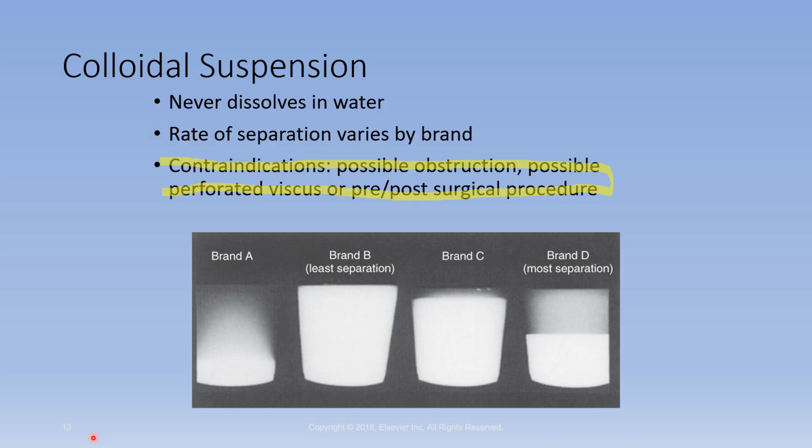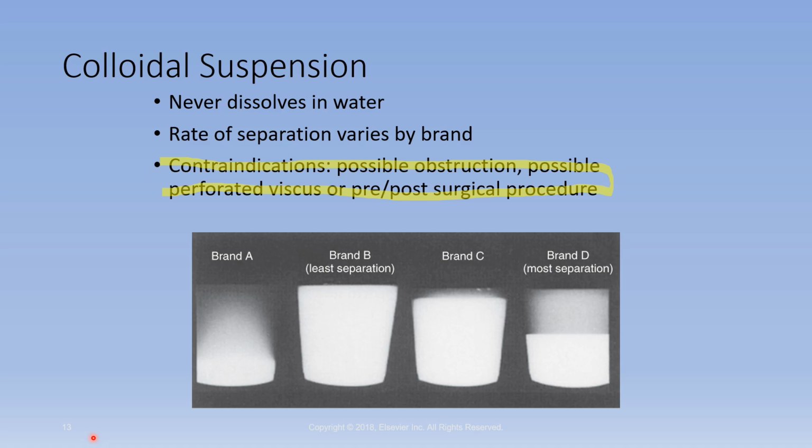Not a good day. But when they give them the water-soluble iodinated contrast, the body tends to absorb the iodine a little bit. It's a little more used to that, so the body tends to absorb the iodine, and it's not nearly as harmful as the barium could be.